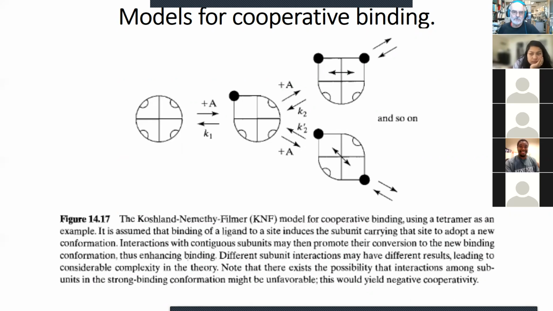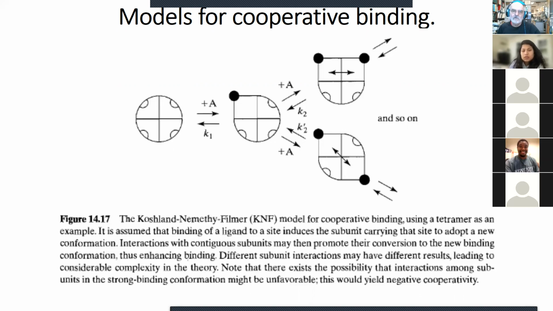Their model wasn't all or none, meaning T state, R state. Their model was a tertiary structure. The Monod-Wyman-Changeux model is essentially a quaternary structure model. You go from a low affinity quaternary structure to a high affinity quaternary structure. The other thing I didn't say about that model is that it only allowed positive cooperativity.